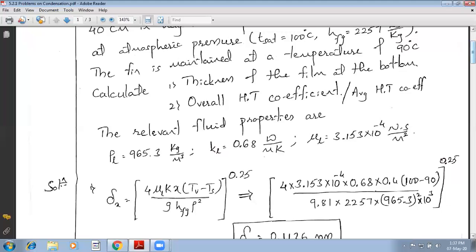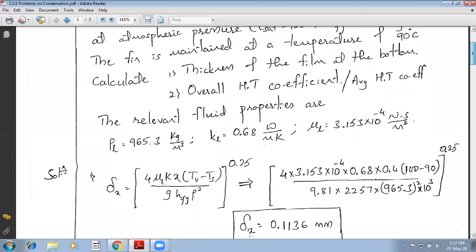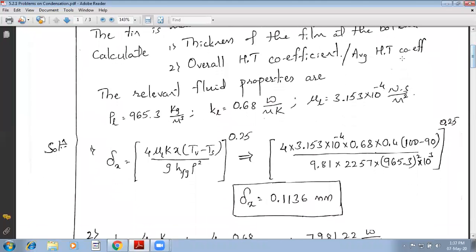Now, consider the equation for the thickness of the film at the bottom, which he has asked. He may also ask the thickness of the film at the center of the vertical surface. In that case, x will be equal to height divided by 2.